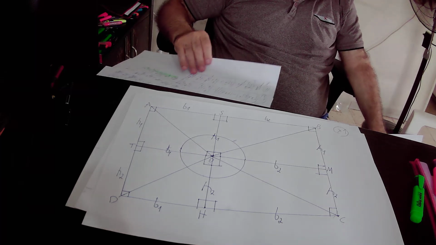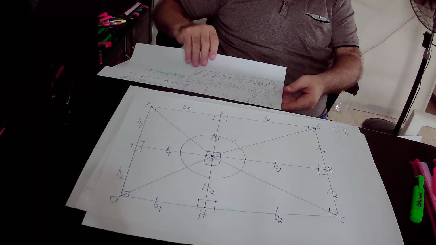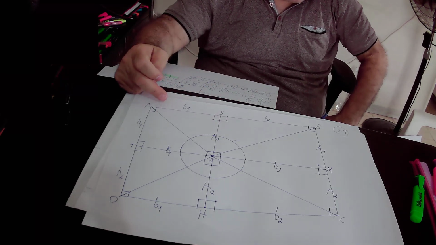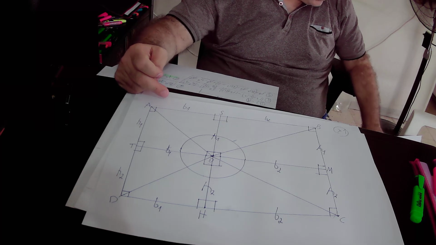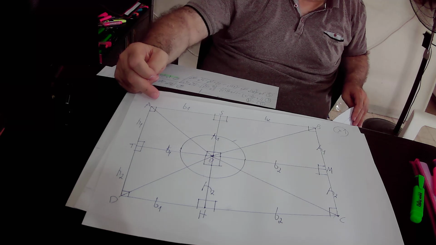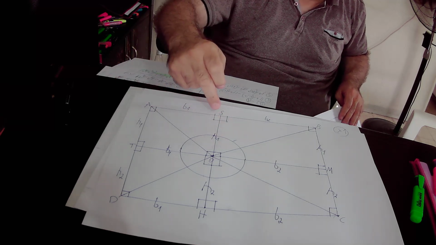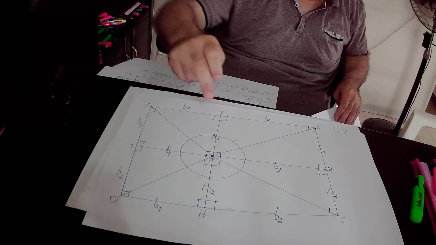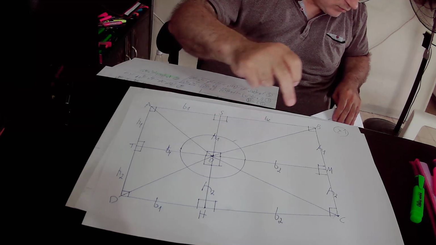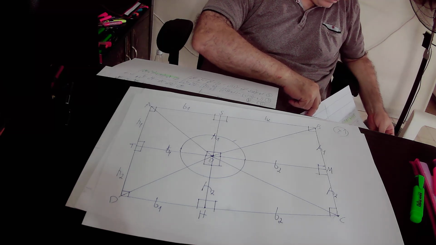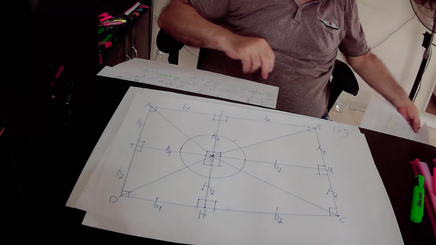Okay, then we joined points A and O together by a straight line, and here in the triangle AOS, according to the Pythagoras theorem, B1 square plus H1 square equals AO square.